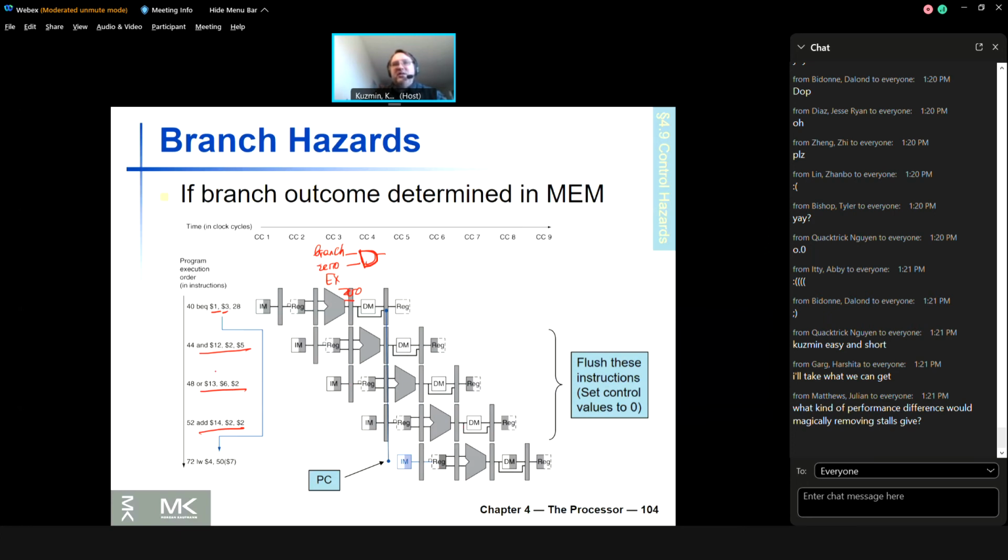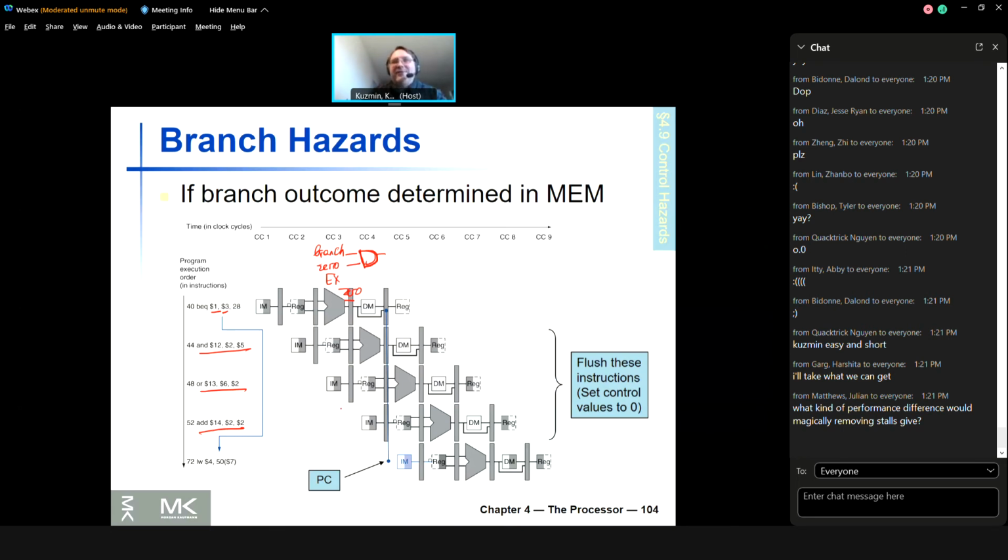So this is AND, this is OR, this is add, right? Add will be fetched at clock cycle 4, and we have to do that because until clock cycle 4 we don't know whether the branch is taken or not. So we just follow our prediction that the branch is not taken, and we push AND, OR, and add into the pipeline.